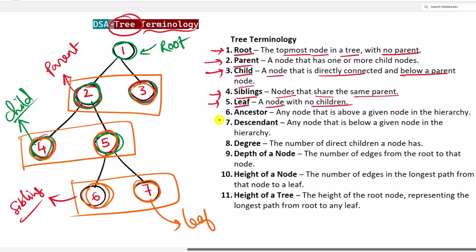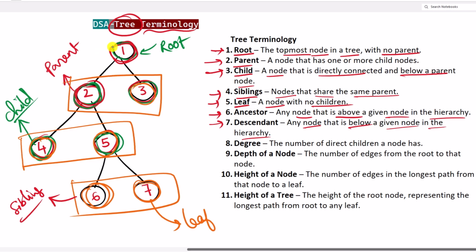So next we have the ancestor and the descendant. So ancestor is a node that is above a given node in the hierarchy. On the other hand, descendant is any node that is below a given node in a hierarchy. Like an example, we can take these two nodes 1 and 2. So this node 1 is above the given node 2 in this parent-child hierarchy.